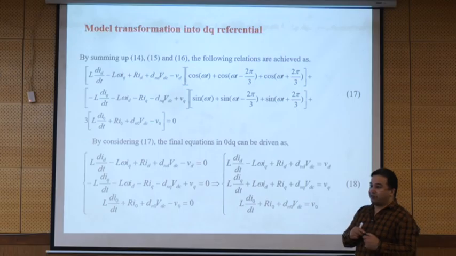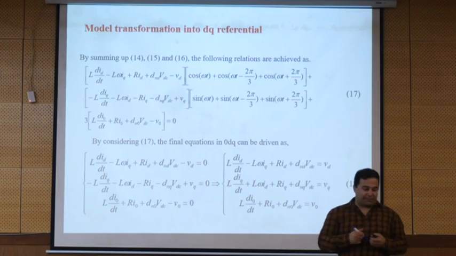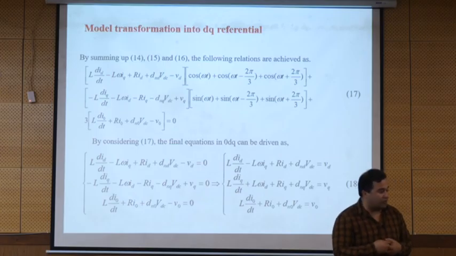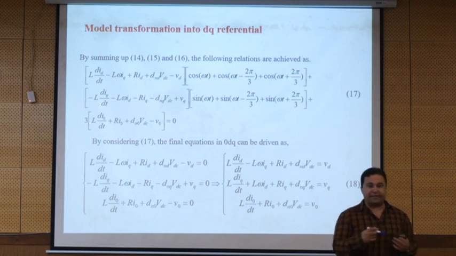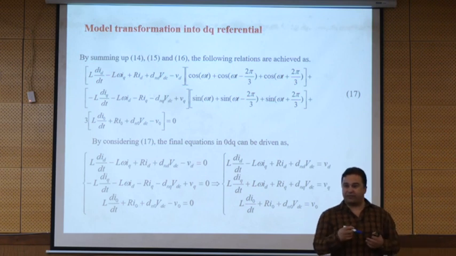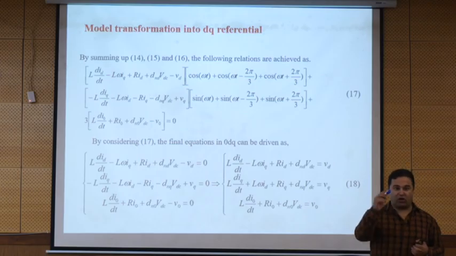And is it good or bad? It's bad. Why? For example, we are going to control a converter, and I'm saying that I'm going to inject 10 kilowatt active power. Later we will see that active power can be modeled by Id, reactive power can be modeled by Iq. So it means that I'm going to inject 10 or 20 kilowatt active power at time t equal to 3 seconds.